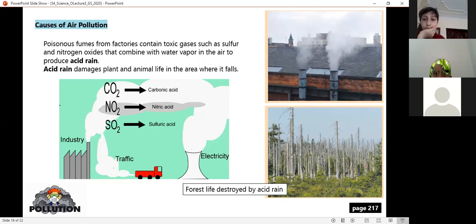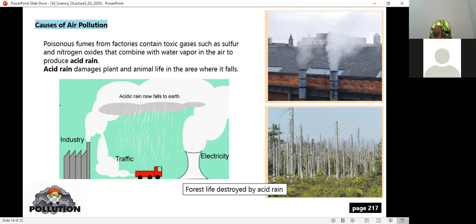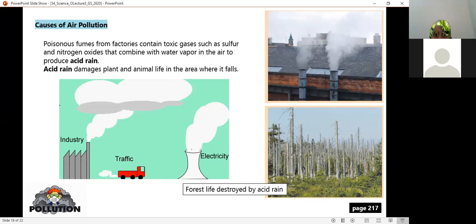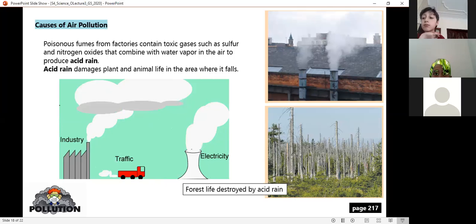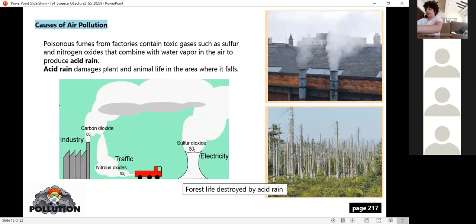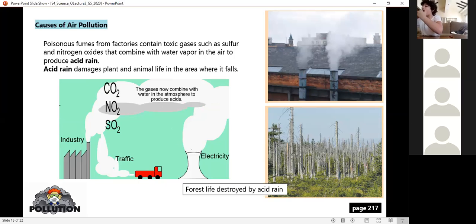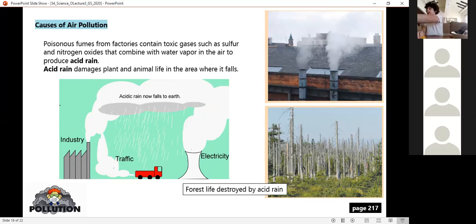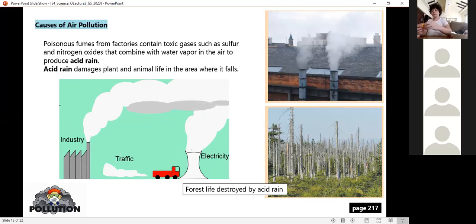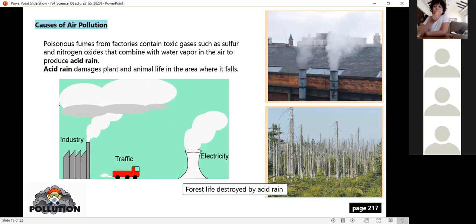Acid rain is a kind of air pollution since it happens when harmful substances or gases combine with air. Clear or no? Yes. Again, I will repeat. Factories, industries, fires, cars, they release harmful gases, bad substances into the air.